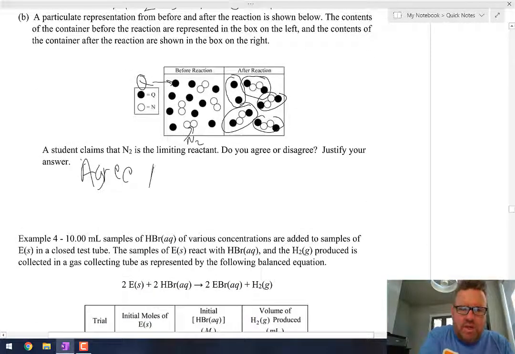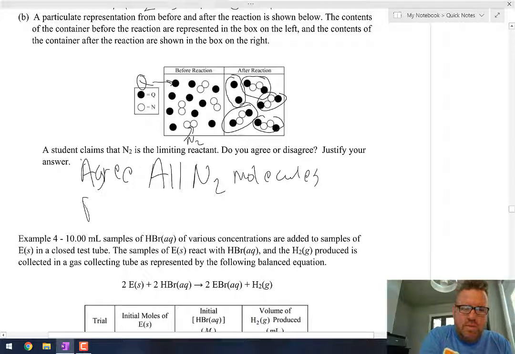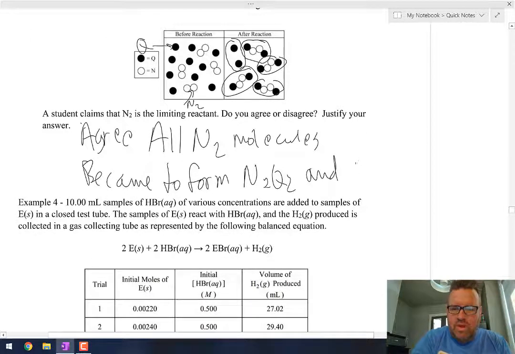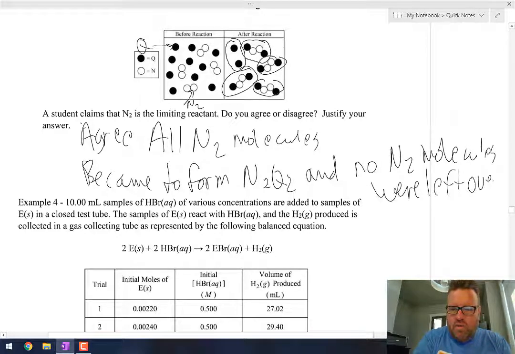Then justify your answer. You could say because all of the N2 molecules were used to form N2Q2, and no N2 molecules were left over.